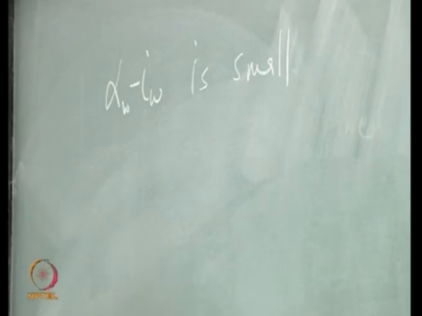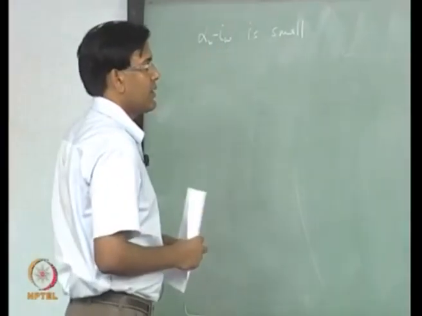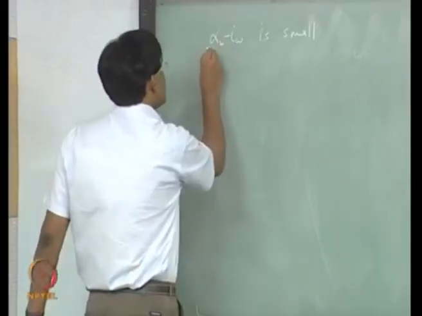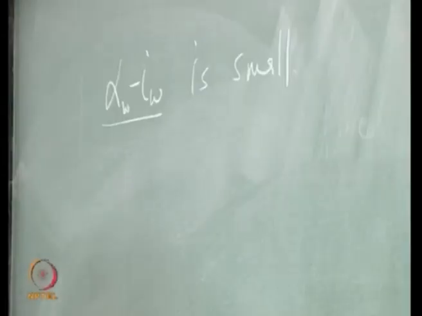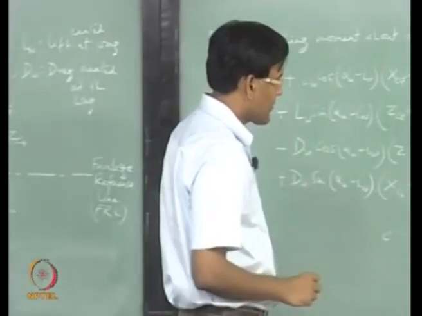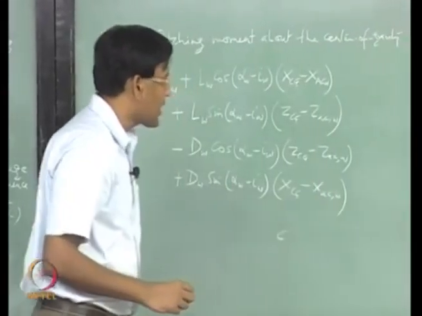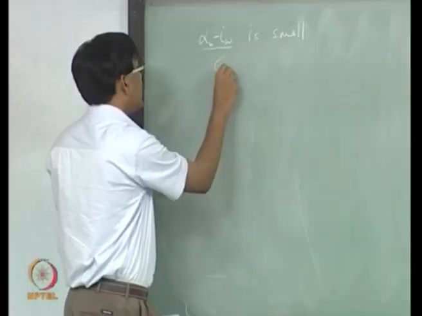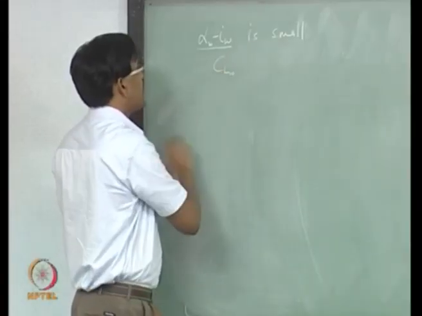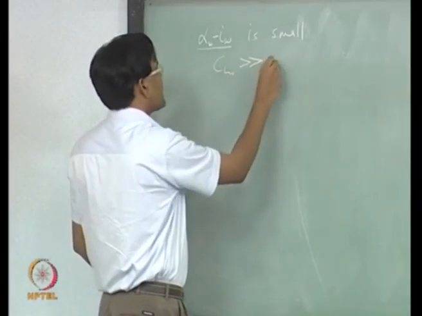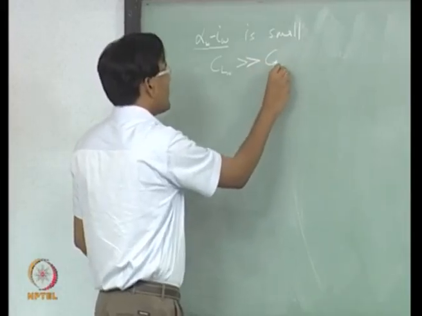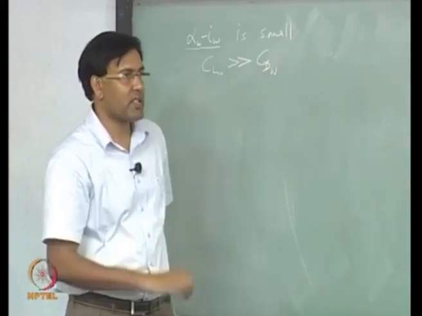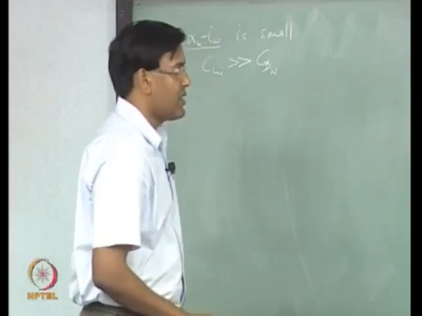So, alpha is a small angle, and let us also assume that the lift created at the wing is much larger than the drag, which is also a valid assumption.